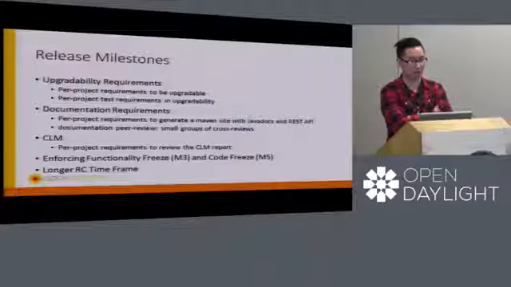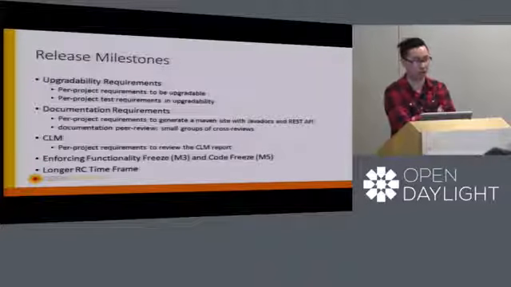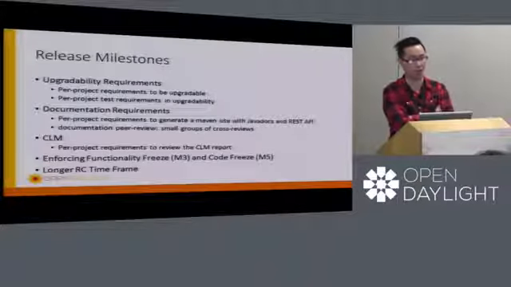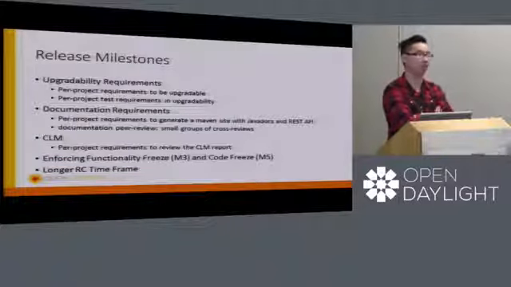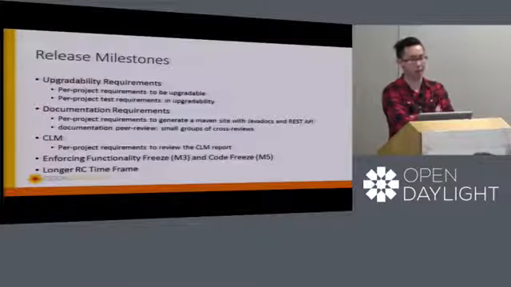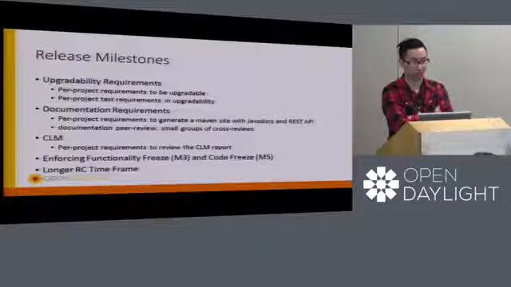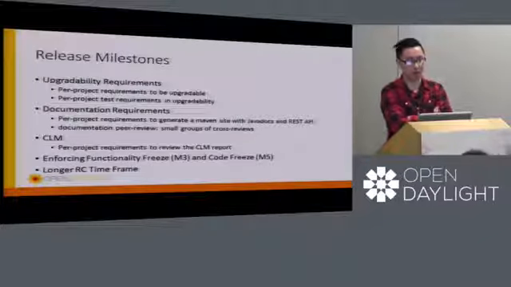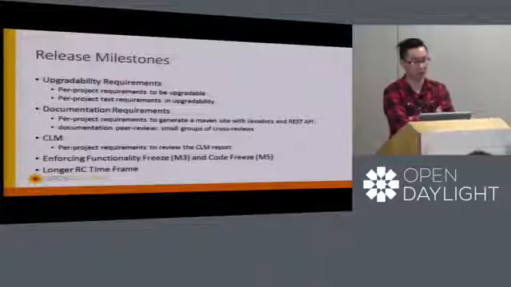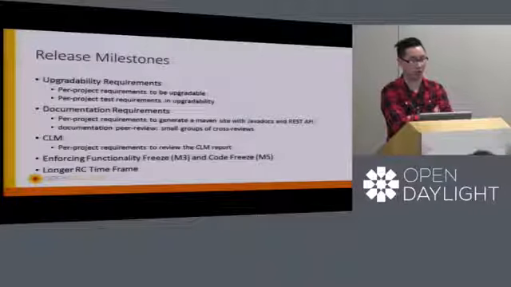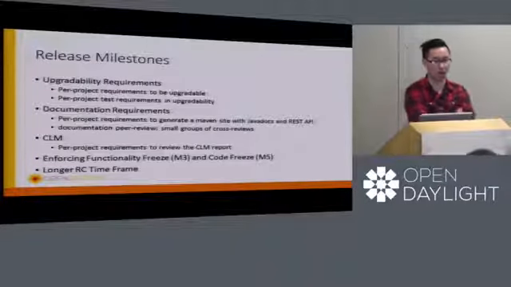There was also discussion about adding a CLM requirement for projects to at least review and acknowledge whatever items are in their CLM report. And also some discussion about enforcing functionality freeze or code freeze more strictly during a release, and possibly a longer RC timeframe.